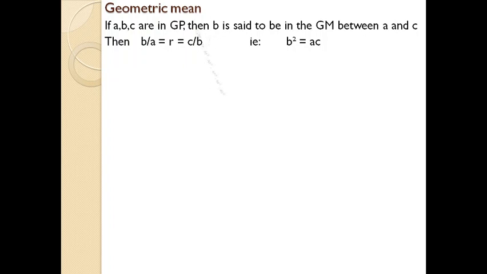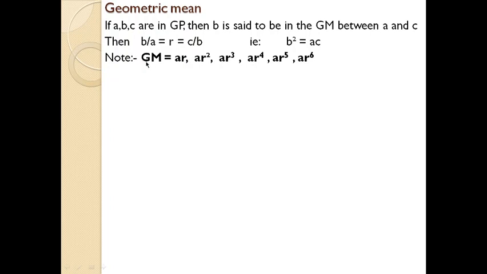Okay. One of the properties of geometric mean is that a series or sequence which is in a geometric progression can be expressed as A, AR, AR square, AR cube, AR raised to 4, AR raised to 5, AR raised to 6, and the series will go on like that.